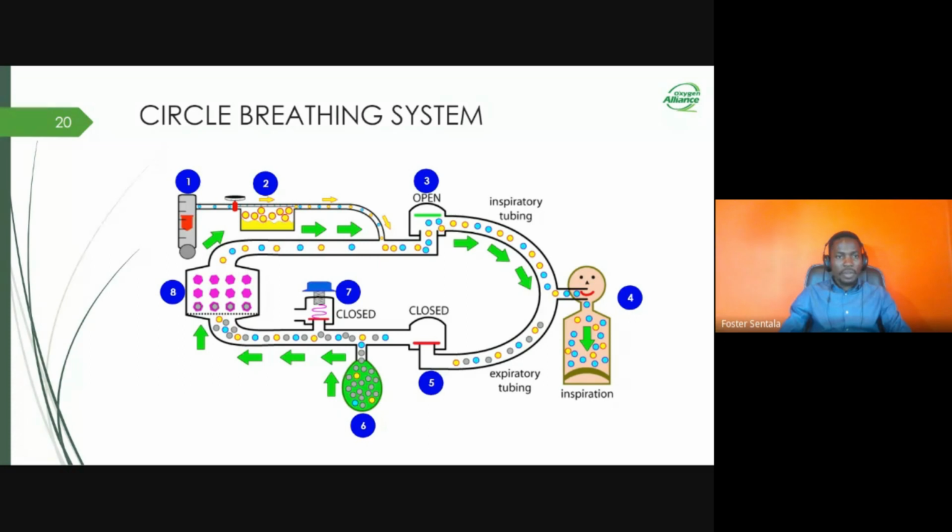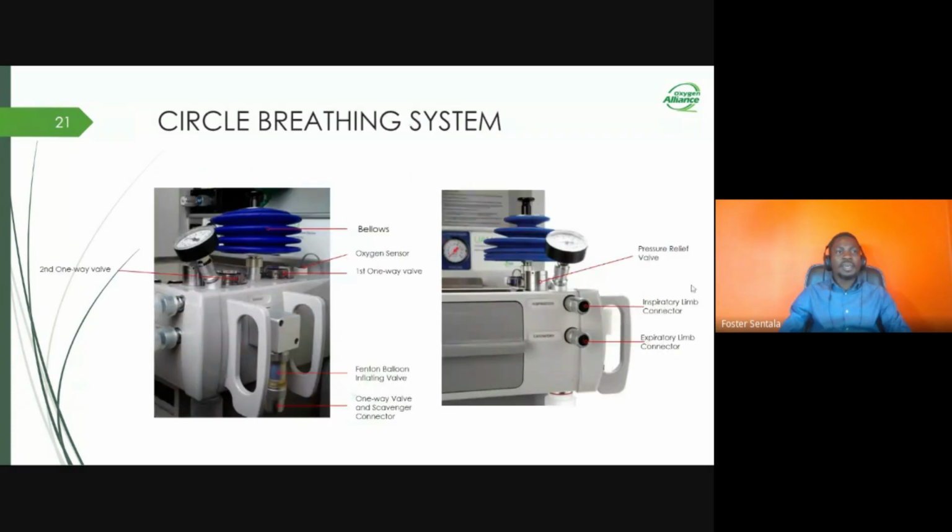Moving on. These are just pictures from our machine of focus today. The left picture, those are the bellows for manual ventilation. And behind it, that is where you have the first valve, the one-way valve, and you have another valve after it. During spontaneous breathing, all these valves open on inspiration and close on expiration.